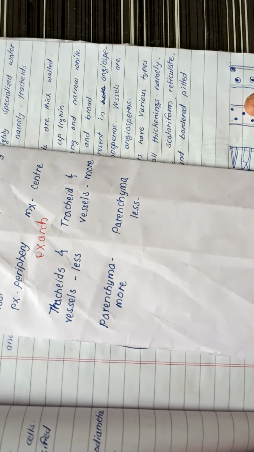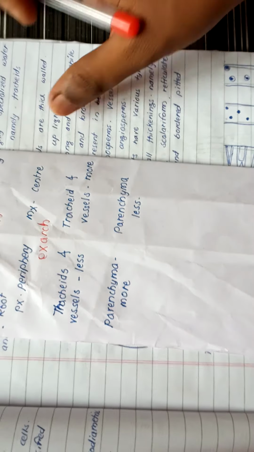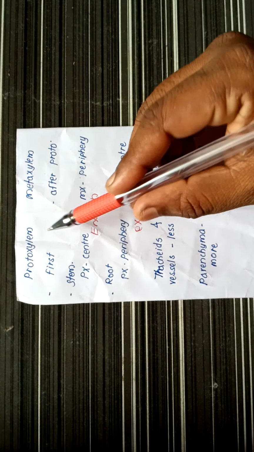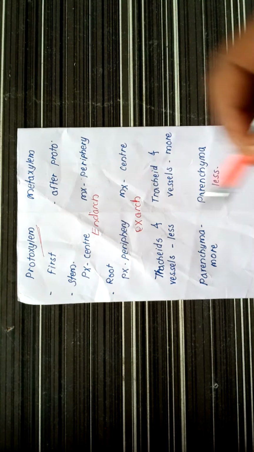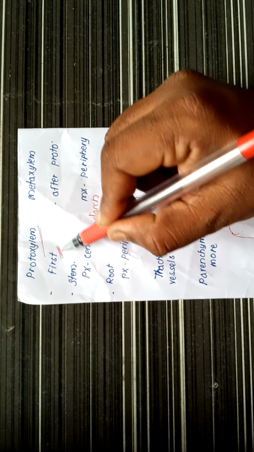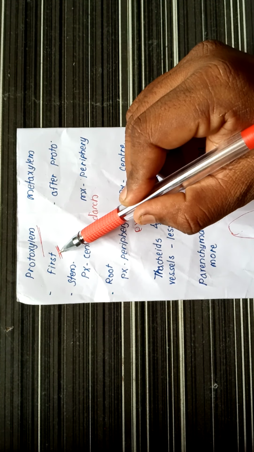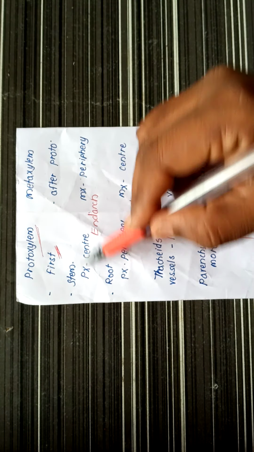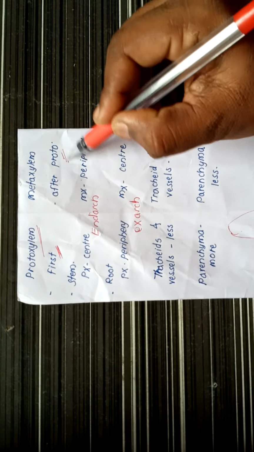Two important words about the xylem you have to remember: protoxylem and metaxylem. We will study them comparatively. Whenever there is formation of a vascular bundle, the xylem formed first is known as the protoxylem, and after protoxylem formation, there is formation of metaxylem.